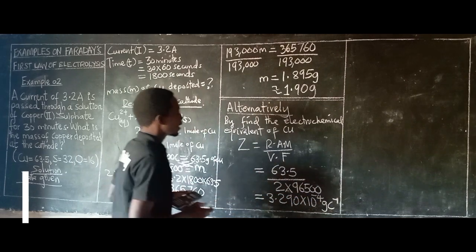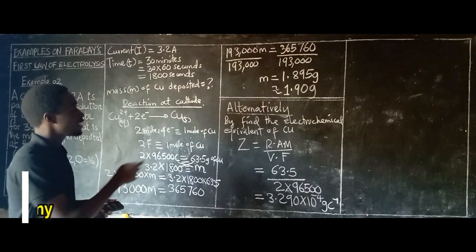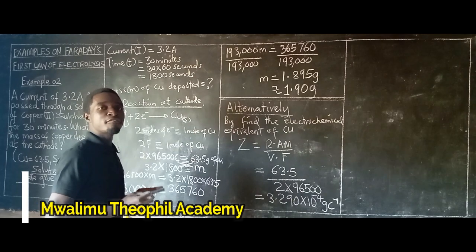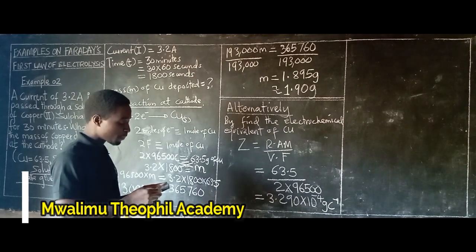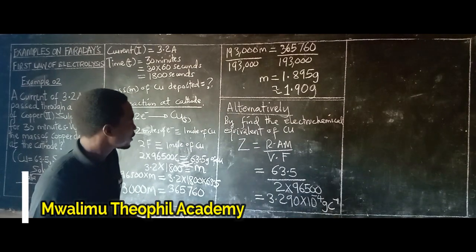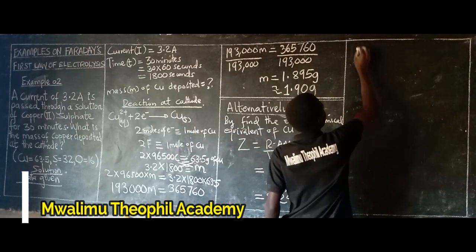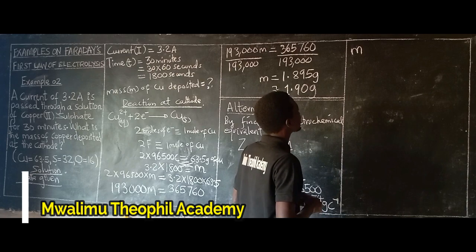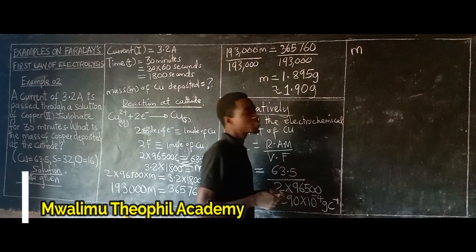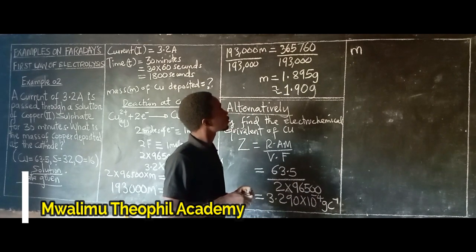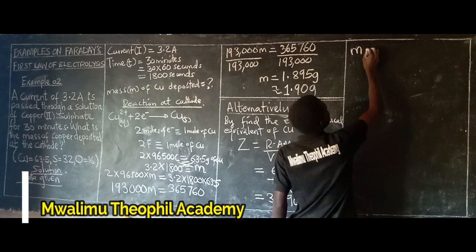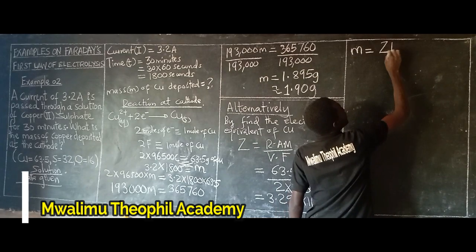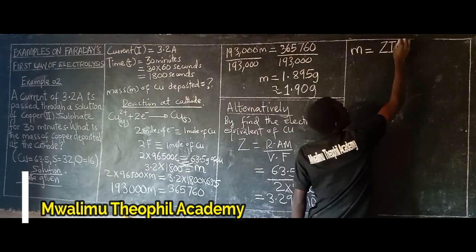Now, after that, let us solve directly by using the equation obtained when Faraday's first law of electrolysis is applied. We are told that, from Faraday's first law of electrolysis, mass is directly proportional to the quantity of electricity passed through the electrolyte. Mass is equal to Z, the electrochemical equivalent, times current times time.